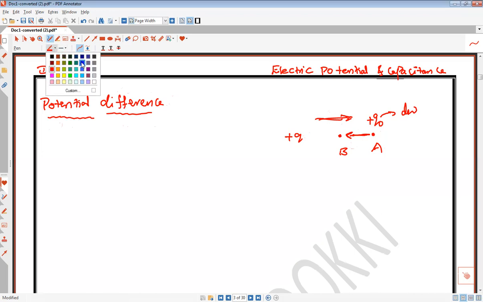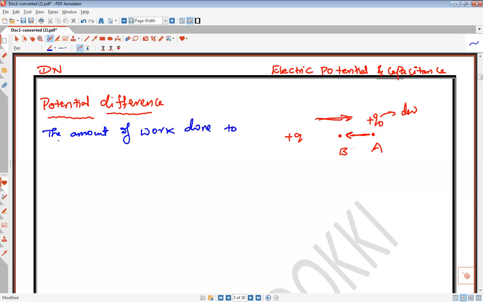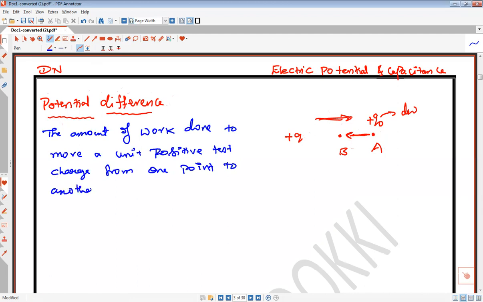So we define potential difference as the amount of work done to move a unit positive test charge from one point to another point in the electric field.